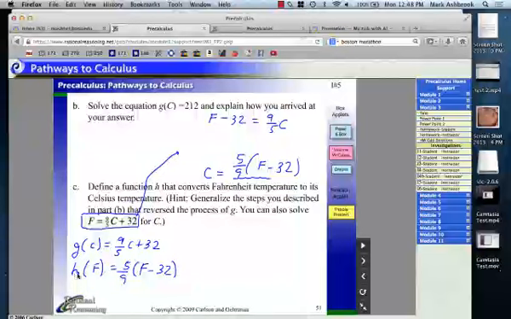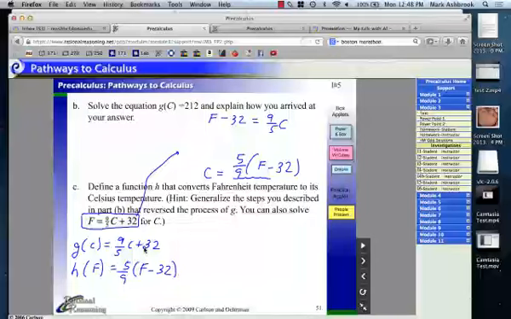So how are these two functions related? This one takes Celsius and gives Fahrenheit. This one takes Fahrenheit and gives Celsius. Okay, that's true, the output of one is always the input of the other.